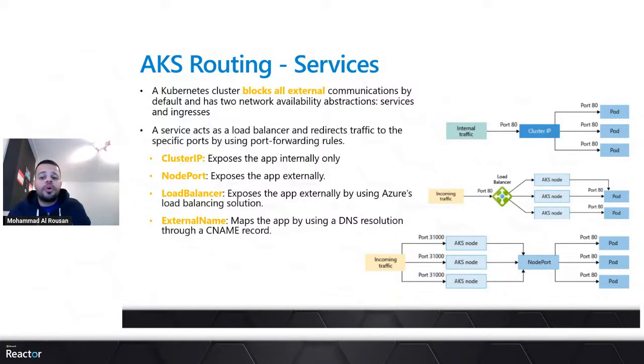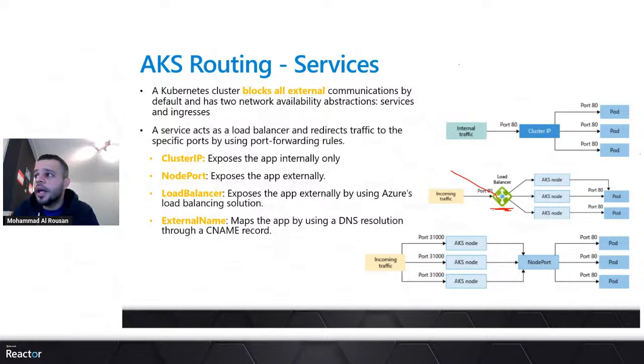Okay, so similar to Kubernetes, AKS has the same services. We said we have 3 or 4 types of services. Everything's the same except one thing. When we select a load balancer, Azure will create a load balancer for you. So you deploy a service, you select load balancer as the kind of service.